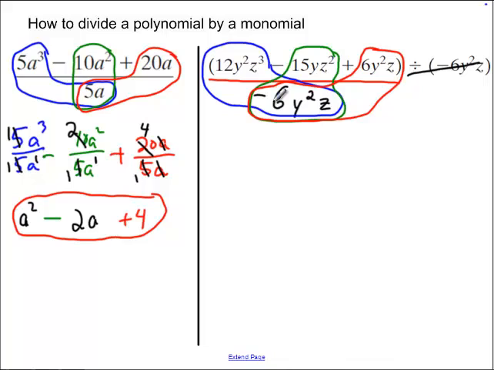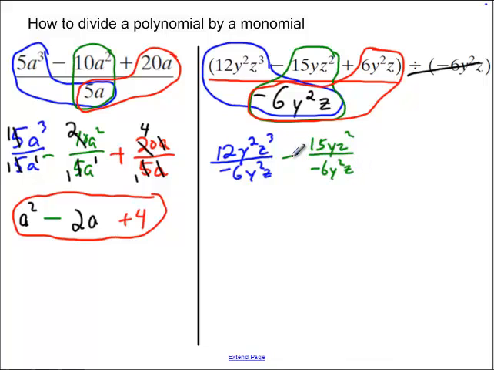So let's take a look at what we've got for our separation here. 12y squared z cubed over negative 6y squared z minus 15y z squared over negative 6y squared z.